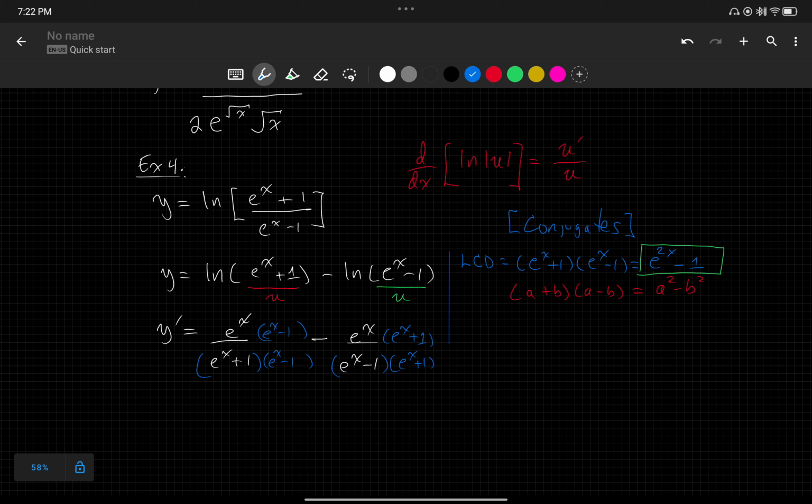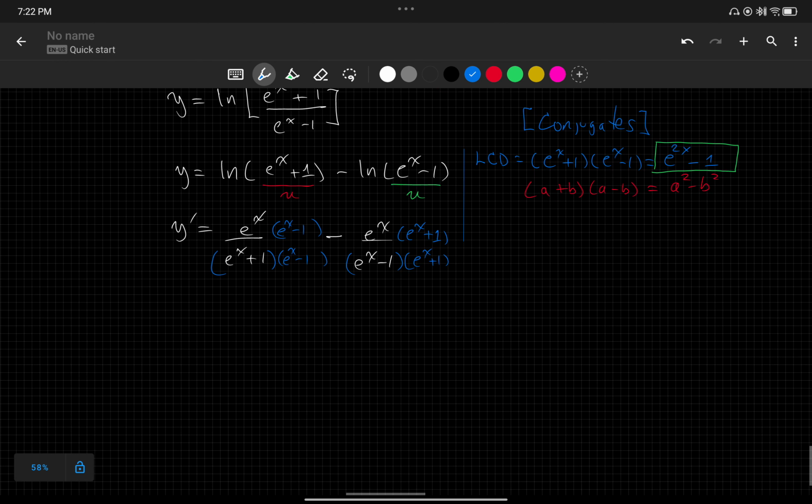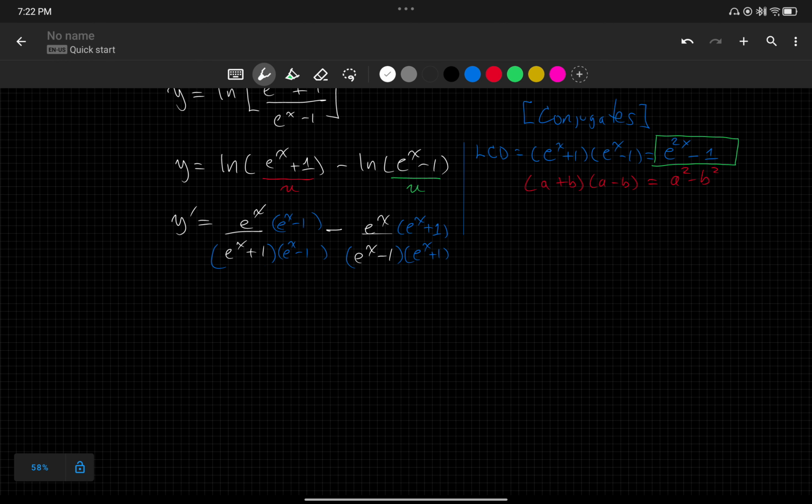So let's do the algebra. And let's see what we get. So we know that on the denominator, the product is this little green box over here, e to the 2x minus 1. Now it's just a matter of multiplying the numerators.